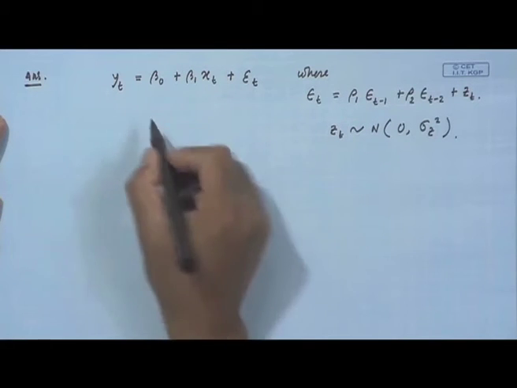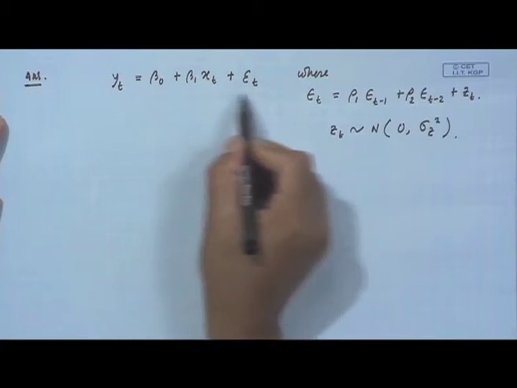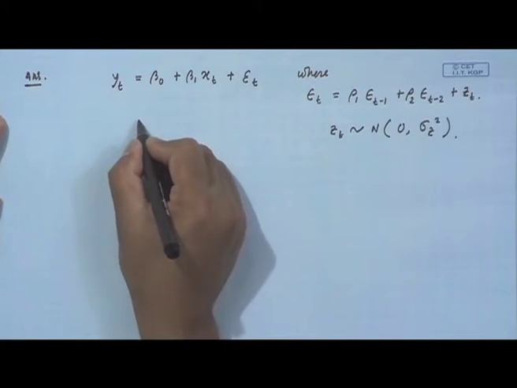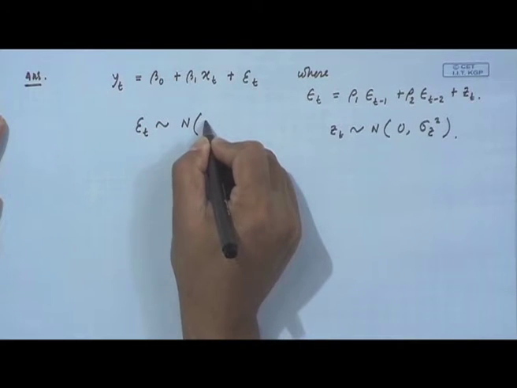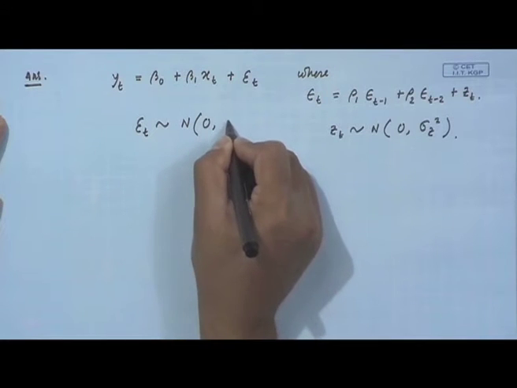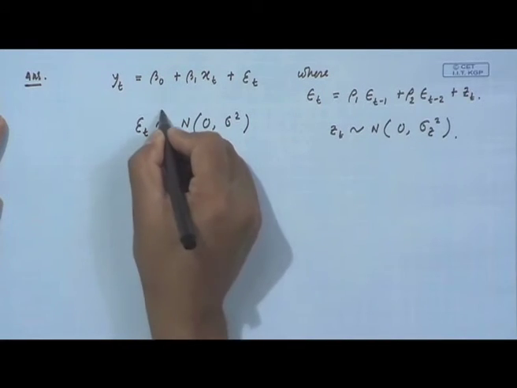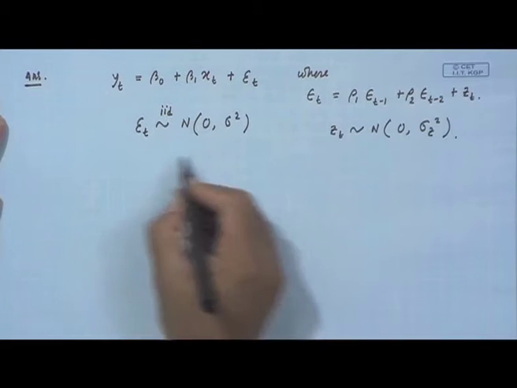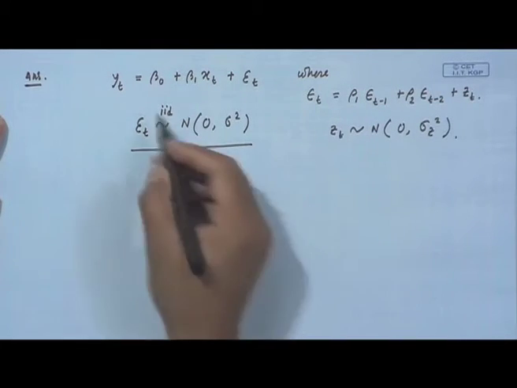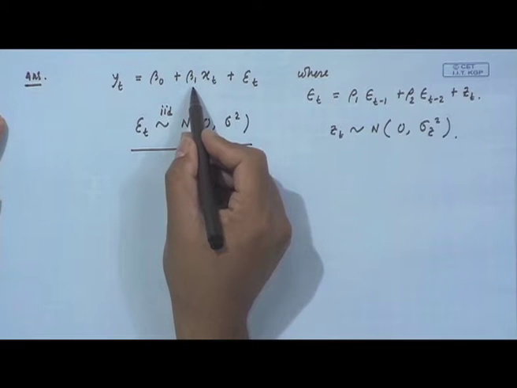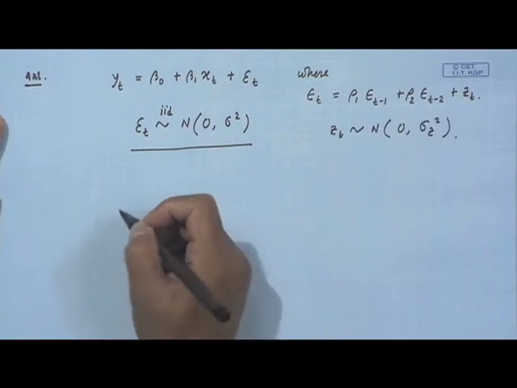So, usually when we fit a simple linear regression model, we assume that epsilon t follows normal distribution with 0 mean and constant variance, and they are also independent. If this is true, then we can estimate beta naught and beta 1 using the ordinary least square technique.